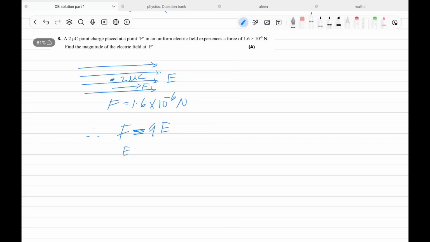Now we have to find the electric field. E is equal to F divided by Q. What is F? 1.6 into 10 to the power minus 6. And what is the charge? The charge is 2 microcoulomb, 2 into 10 to the power minus 6. Shift the decimal point one digit.